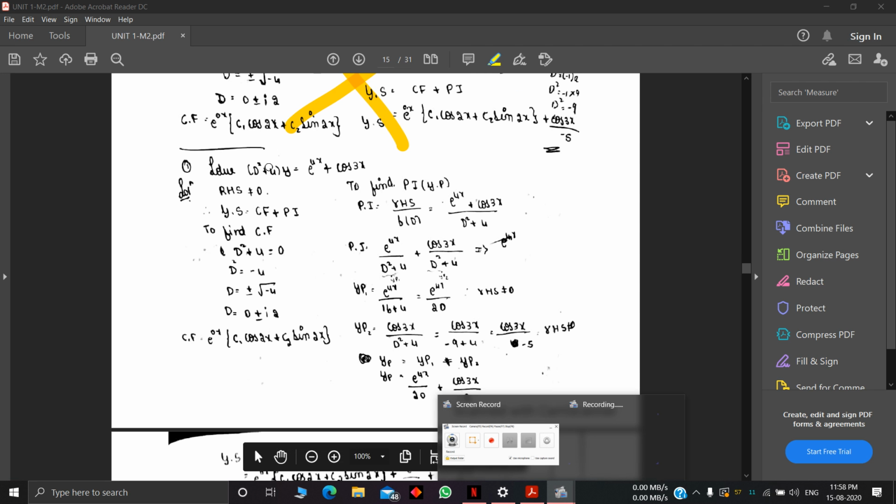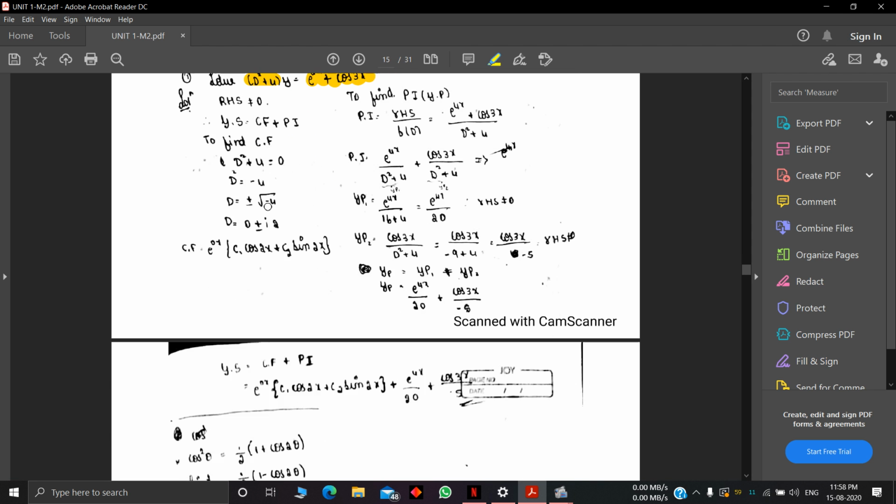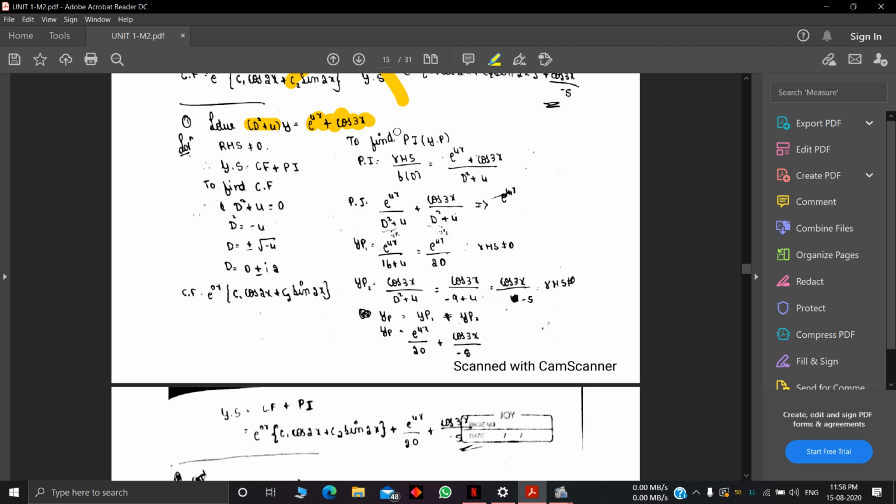we have to solve (D square plus 4)y equal to e to the power 4x plus cos 3x. As this is a non-homogeneous question, we have to find the CF and PI and substitute, using the solution finding procedure.